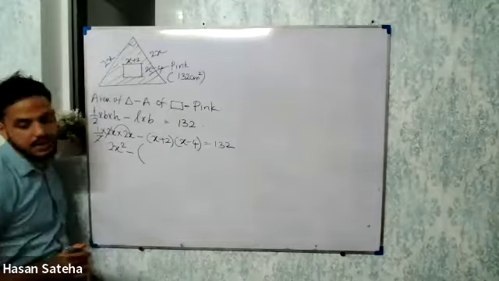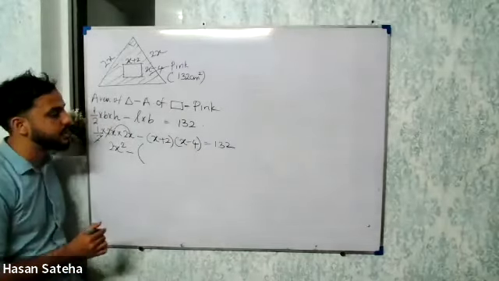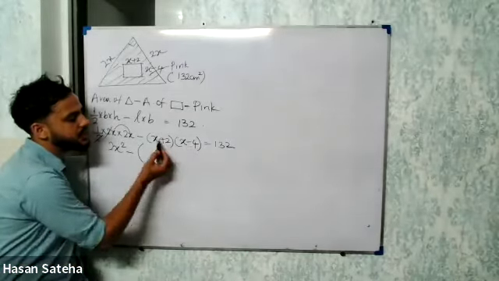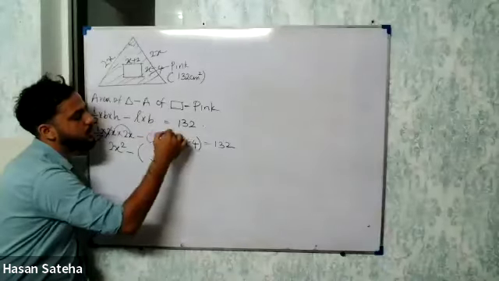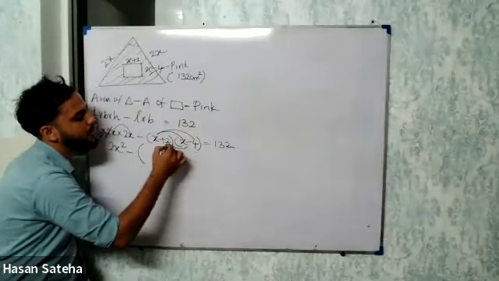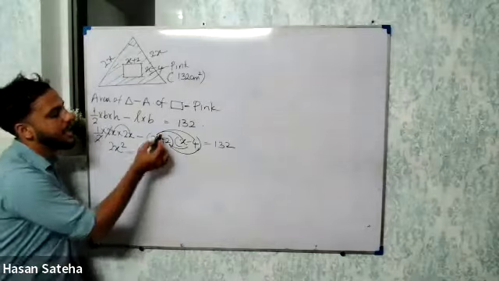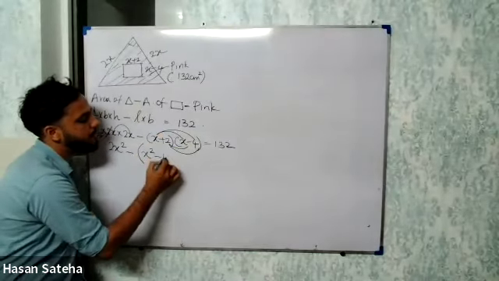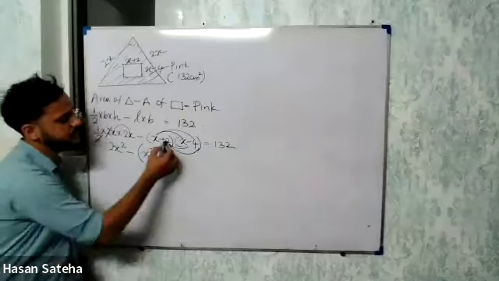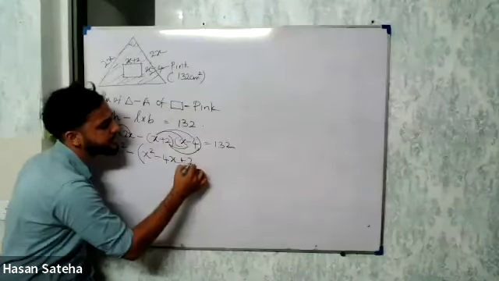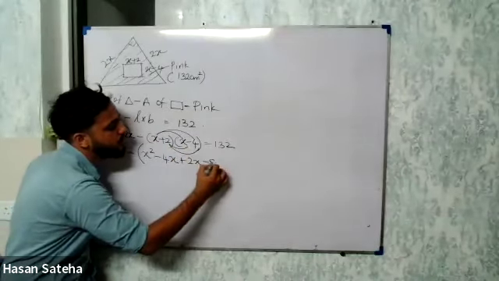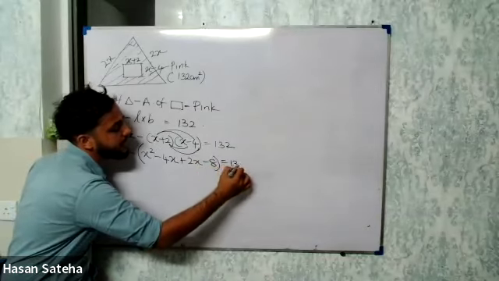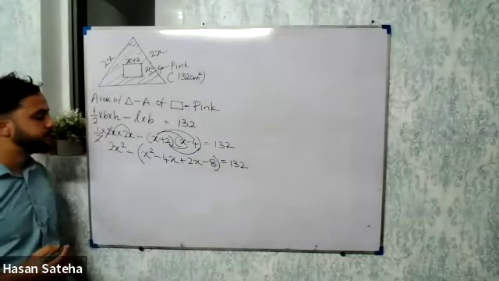I always tell you, whenever you have a minus, follow up with a bracket. This is a binomial expression. You can expand the bracket of the binomial expression here. You know how to do it. x into x, that is x squared. x into minus 4, minus 4x. 2 into x, that is 2x. Then 2 into minus 4, that is equal to minus 8, equals 132.